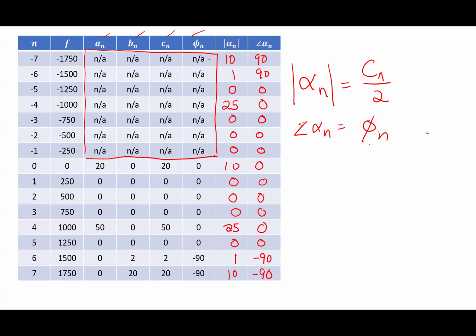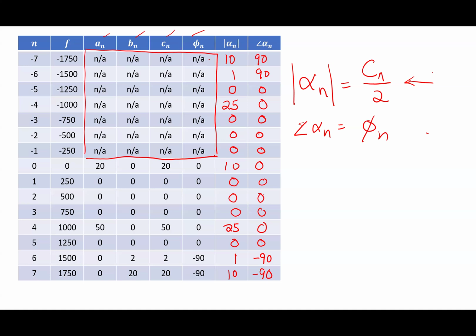For the 4th harmonic, I say he's got an angle of 0. Let's go to something where there is an angle. For the 6th harmonic, I said that C sub n was 2. So that meant that the magnitude of alpha was 1, that's this relationship, Cn over 2. And I said that the angle was -90.